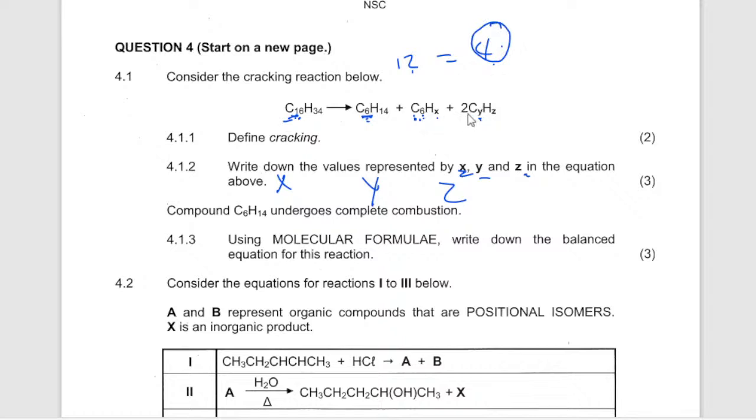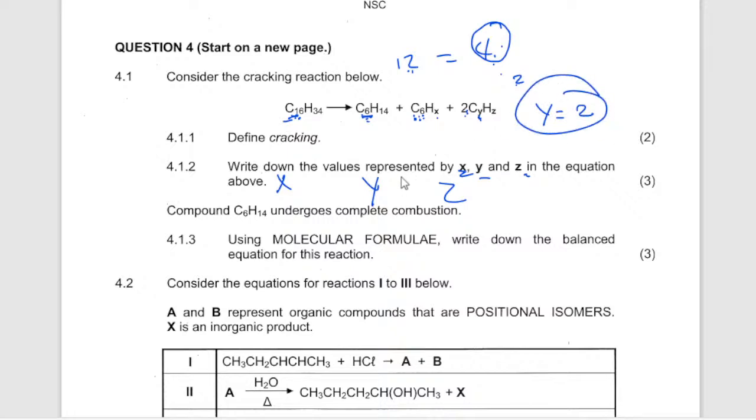But don't forget that this is 2. So automatically, it means that Y is supposed to be 2. If Y is 2, then the carbon atoms are balanced. Why are they balanced? Because 2 times 2 makes 4, plus this makes 10, plus this makes 12. So Y is equal to 2.